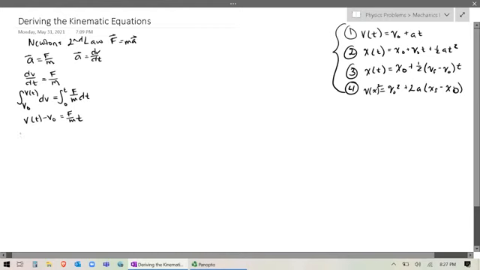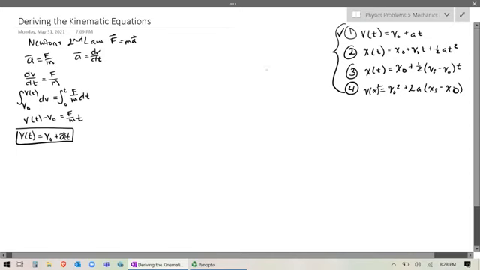So then we're going to rearrange, and we get velocity as a function of time is equal to initial velocity plus F over m times t, but F over m is equal to acceleration, so we're just going to replace that. Acceleration times time, and this gives us our first kinematic equation.